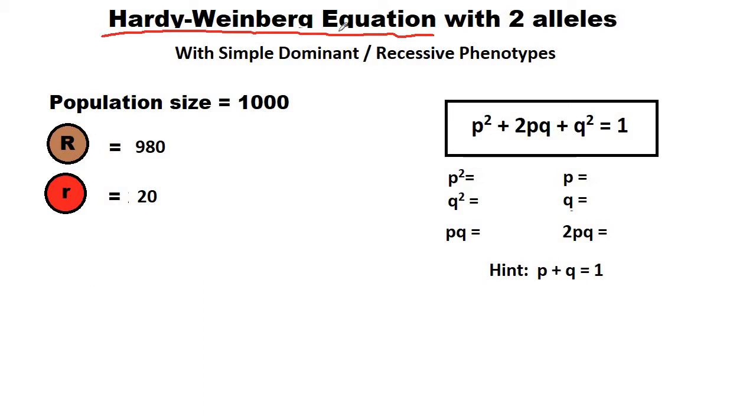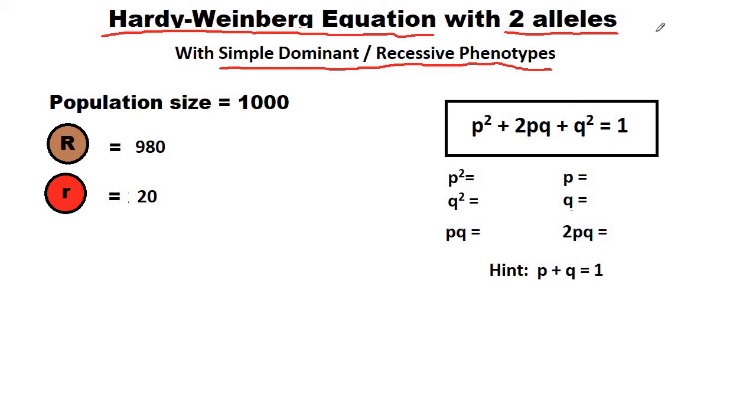And if we have a simple dominant recessive phenotype relationship between the two alleles, it's relatively easy to figure out what the allele frequencies are within that population.